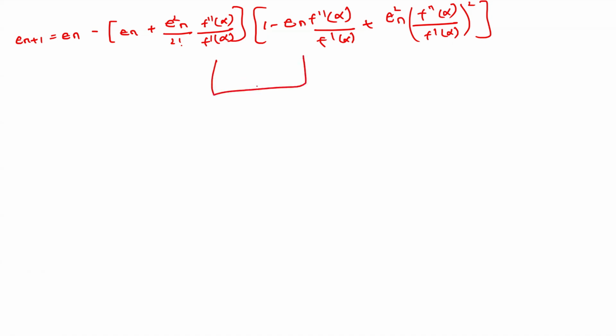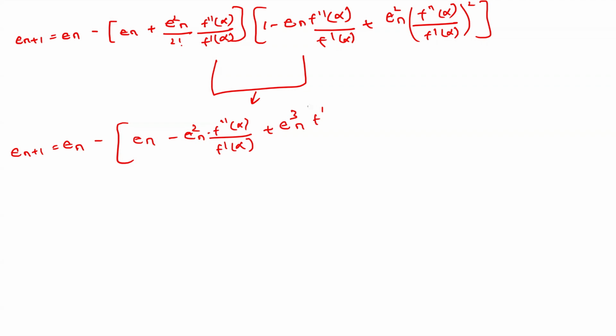Now multiply these two. We get en plus 1 is equal to en minus en into 1, minus e square n into f double dash of alpha by f dash of alpha, plus e cube n terms. I am not considering the squared term because it goes to higher derivatives and becomes 0, so I erase this.